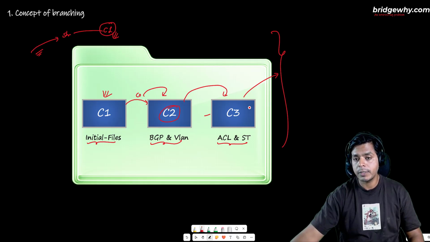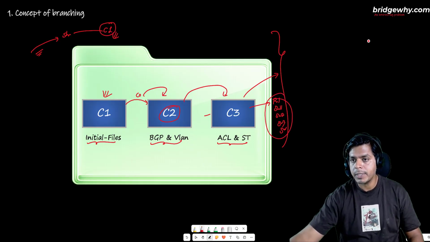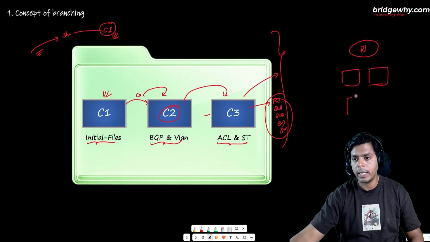If you open this commit, it is going to have 5 files in it: R1, switch 1, switch 2, switch 3, switch 4. This represents my current state of the network, where I have one router and 4 switches. Switch 1 and switch 2 were my distribution switches, and switch 3 and switch 4 were my access switches.